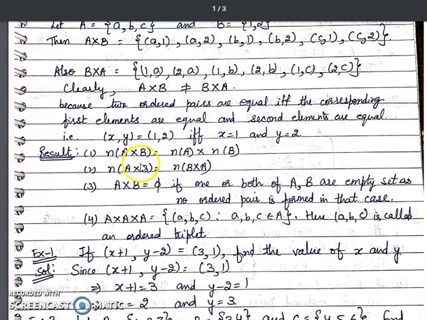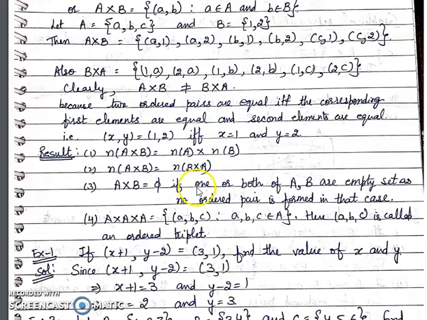Also the number of elements in A cross B is equal to the number of elements of B cross A. Here you see their number is the same, 6. And third, A cross B is equal to phi, means this is the empty set if one or both of the sets A and B are empty sets. Because if one of them is empty, then we are not able to form the ordered pair.